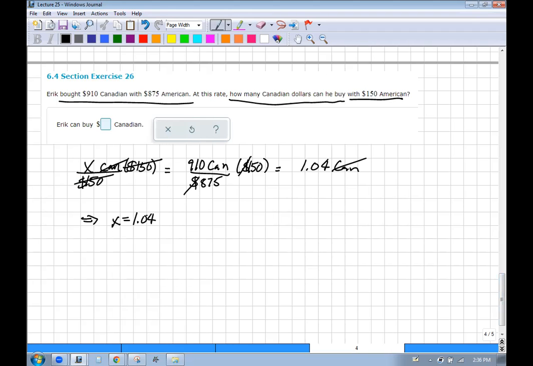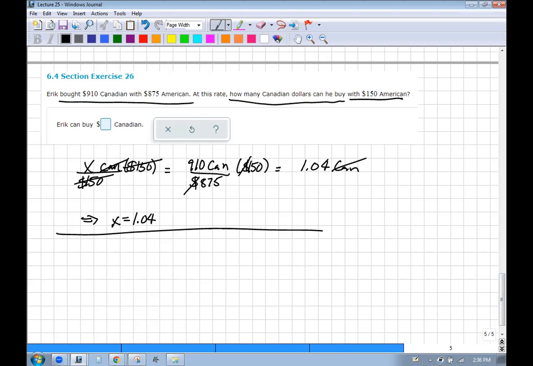We could do this a slightly different way. Think about unit conversion. When we say we bought this with that, we're saying that 910 Canadian is the same thing as 875 American. So I want to take $150 American and convert it to Canadian.